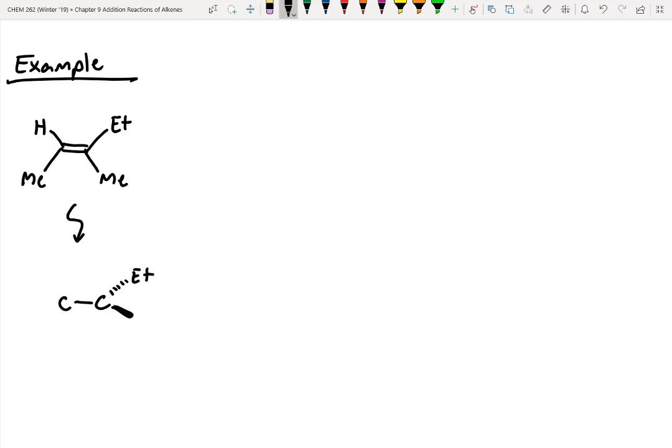Got a methyl group kind of sticking forward here. On the left carbon, I've got a hydrogen sticking back. Got a methyl group here. And then we've got these p orbitals coming off of these carbons, right? That are pi bonds. All right, so that's my three-dimensional view of my alkene. If we think about that pi bond acting as a nucleophile, we could use the top face or the bottom face, right?